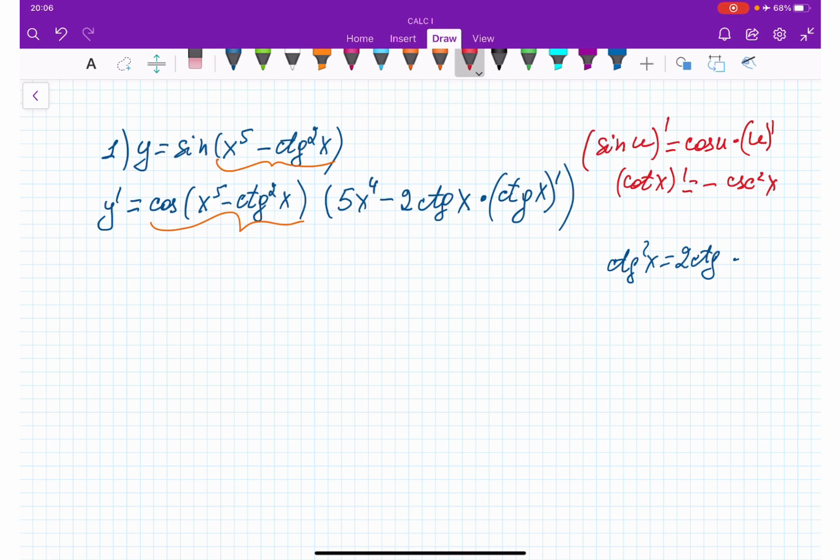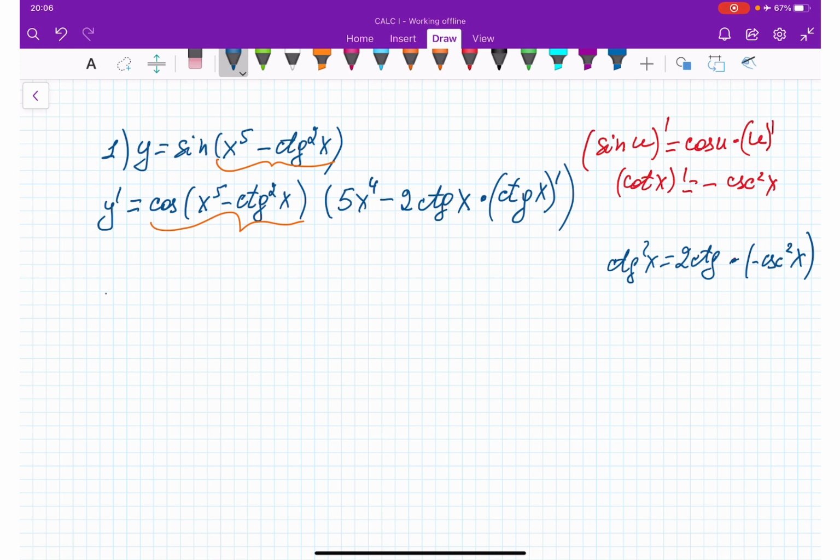So 2 cotangent x times, practically it's going to be cotangent x prime, which is going to be times negative cosecant squared x. Yes? All right.